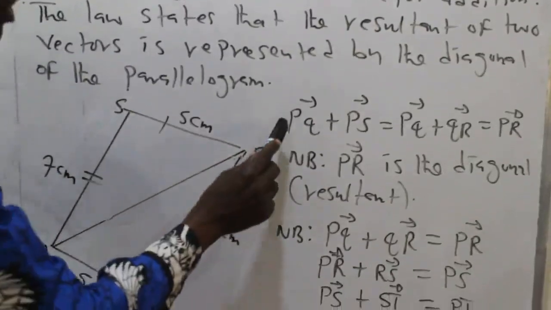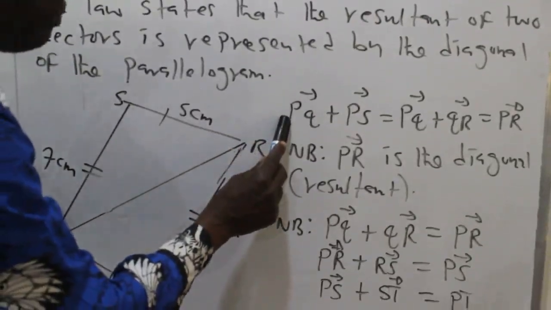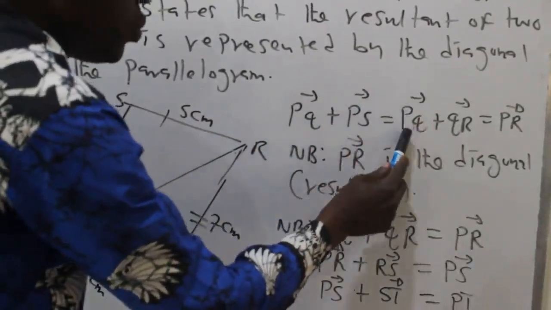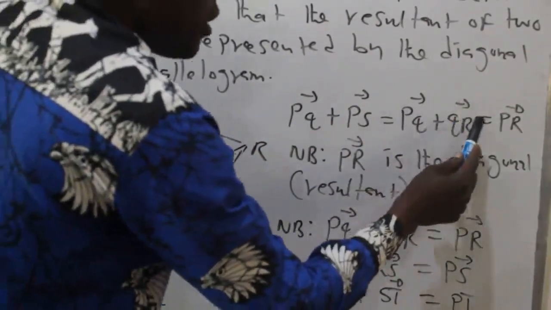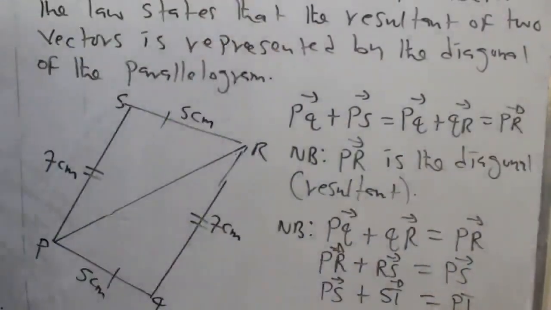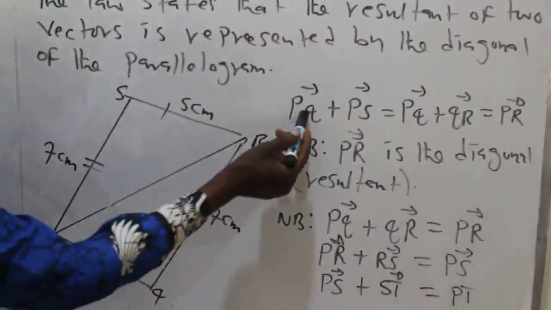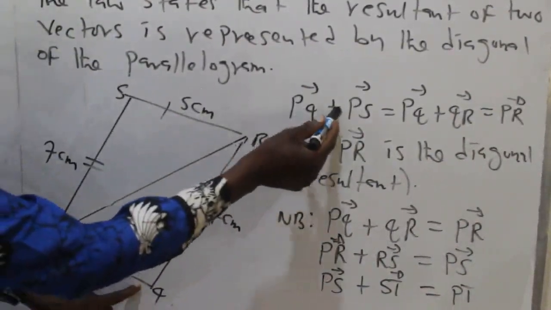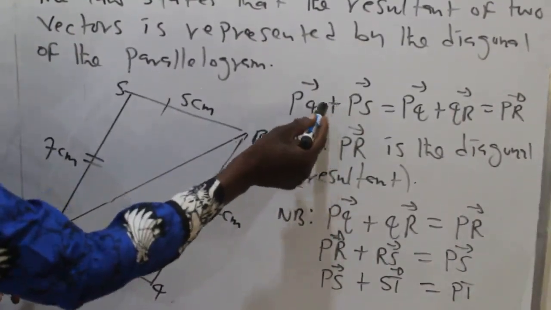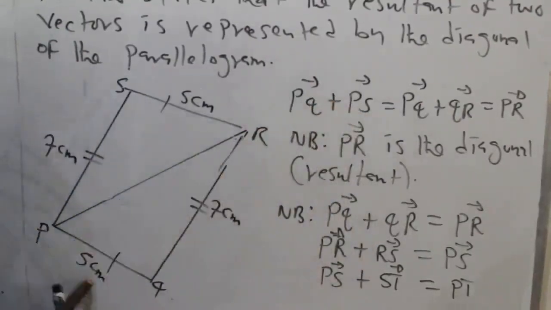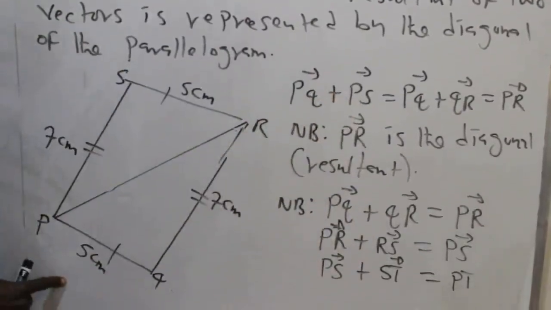Now, you have vector PQ plus vector PS equals vector PQ plus vector QR equals vector PR. How? PQ here is 5 plus PS. PS is 7. 5 plus 7 will give you 12.